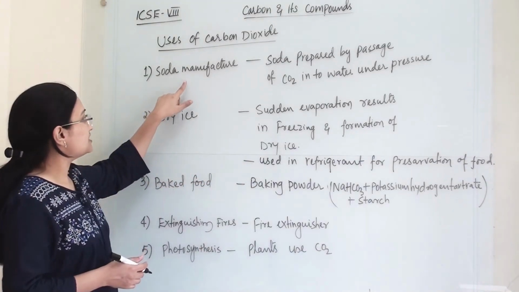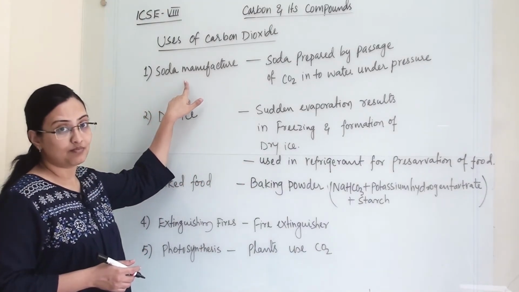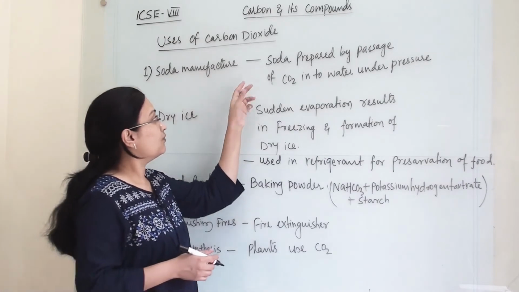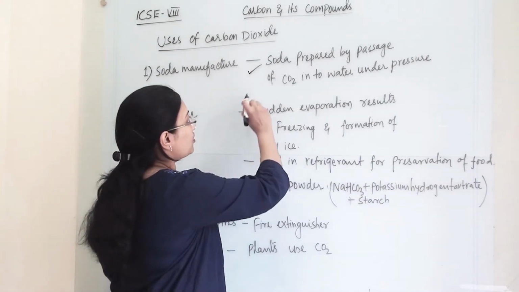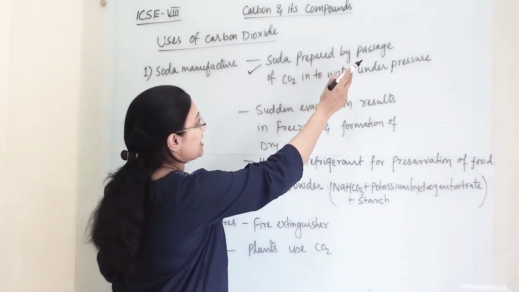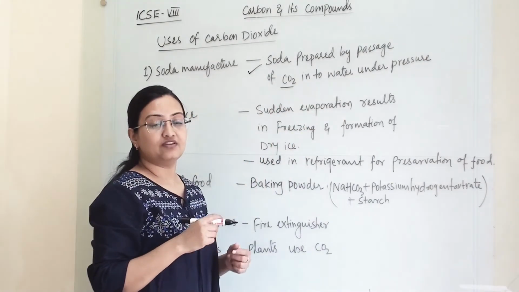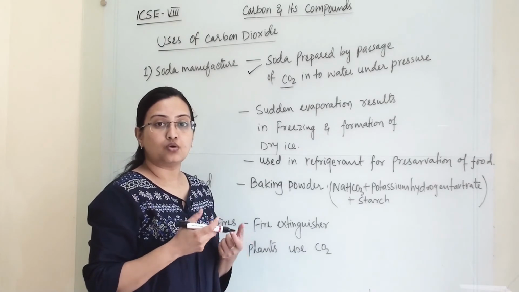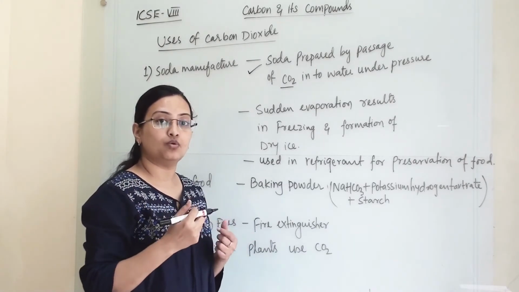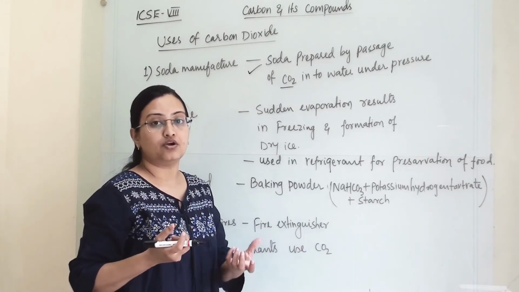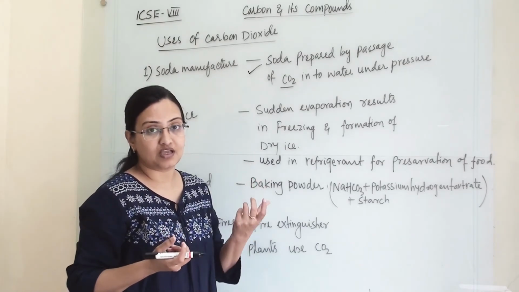So first, it is used in soda manufacturing companies. Why? Because soda is prepared by passing carbon dioxide into water under pressure, and we often see that whenever a cola or soda bottle is opened, the effervescence comes out with a lot of pressure. Why?